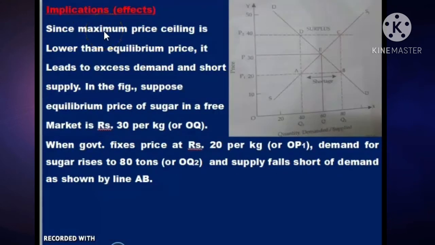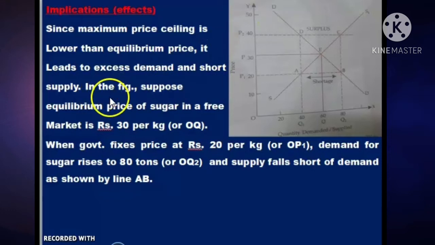So just see the implication with the help of a graph. Since the maximum price ceiling is lower than the equilibrium price, it leads to excess demand and short supply. At a price lower than the equilibrium level price, the consumer will be ready to buy, so there will be excess demand, but on the other side, the producer will not be ready to sell, so there will be a shortage of supply.